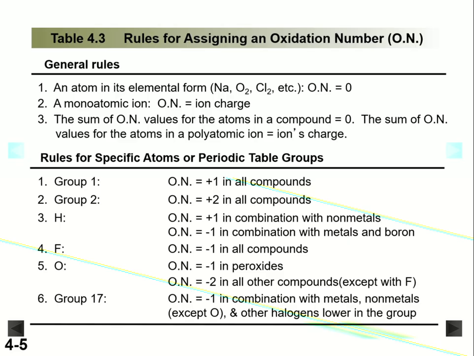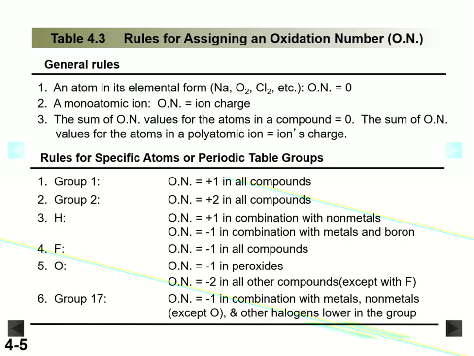It's not an exact number, but it is generally an integral value that will apply to atoms within a compound or within a polyatomic ion to account for the electrons in a system. So the oxidation number is really just a formalism in a sense, but it's a bookkeeping tool that works very well. And so the oxidation number can be visualized as follows.